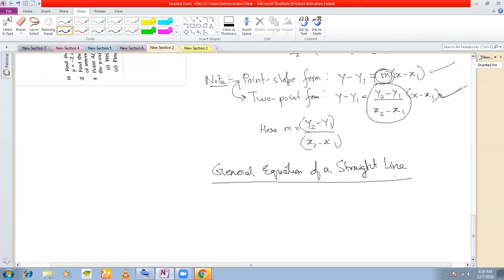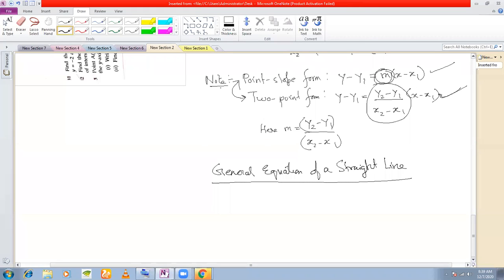And from the general form, we can convert to any standard form, which we don't require at this stage. Only one conversion is required: if the equation of a straight line is given in the general form and you want to find the slope, then you have to convert to the slope intercept form. That is the only conversion that you need to know.